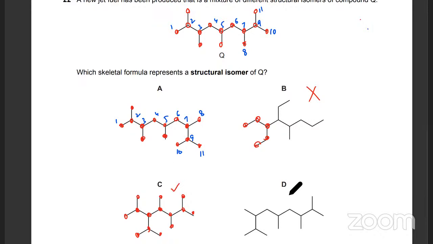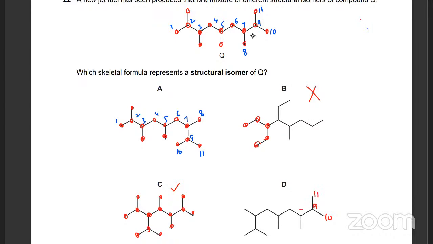What's wrong with D? It's exactly the same. It's just split in one of the carbon branches. Yes, the branch is only in the lower one. Because if I start from this side, this is 10. Let's call this 9, and this is 11. We're matching with this one.